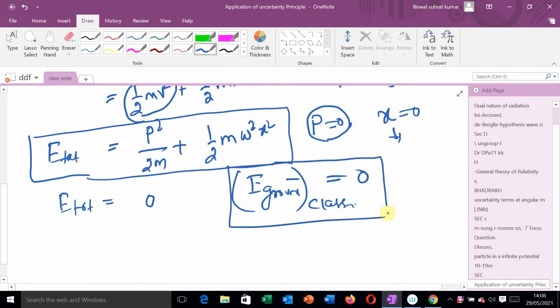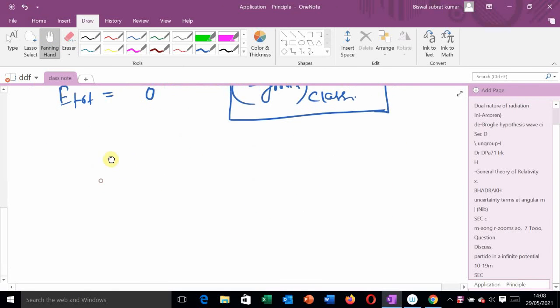Now let us see this situation from a different point of view, that of quantum mechanics. In quantum mechanics the basic principle is the uncertainty principle, which says that the uncertainty in the position and the uncertainty in the corresponding momentum always follow this relation.